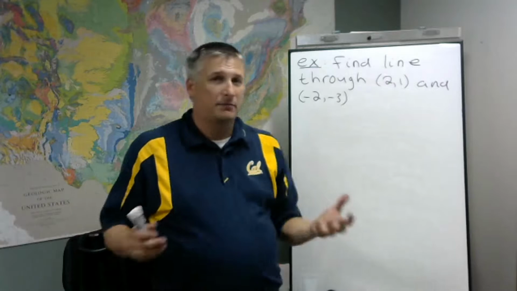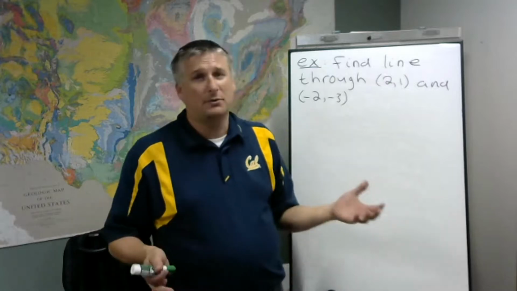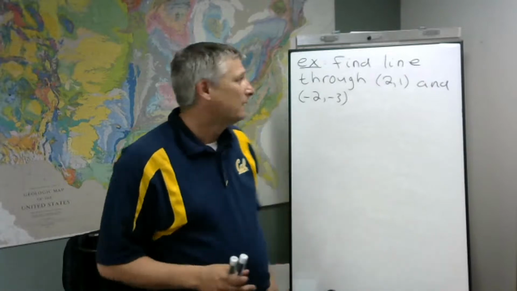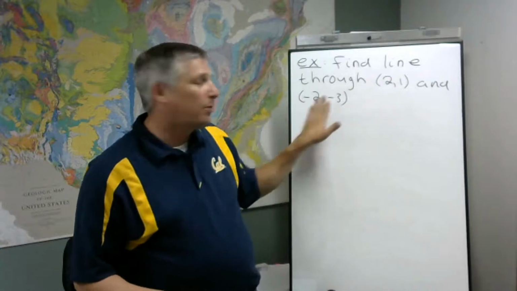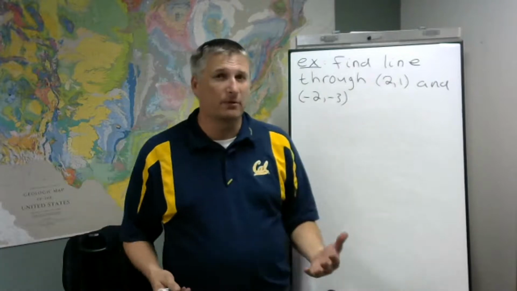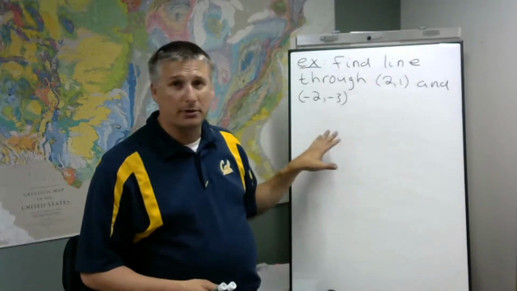All the lines that we've tried to find, it's always a point with a slope. Well, now I got a situation where they didn't give us the slope, but actually they did. You see, if we have 2 points, we can use our slope formula to find the slope of a line passing through those 2 points.